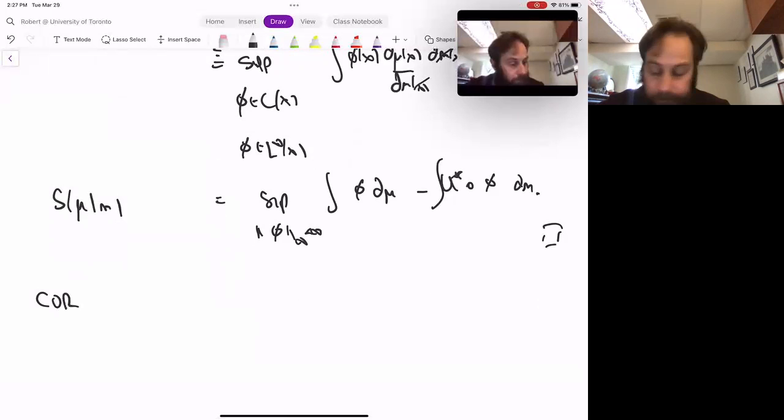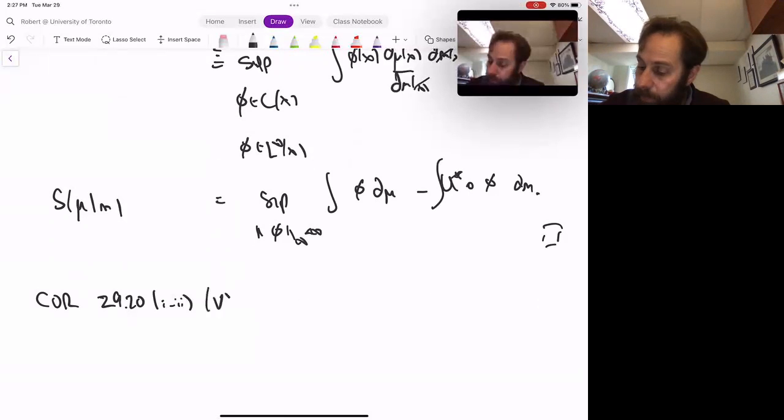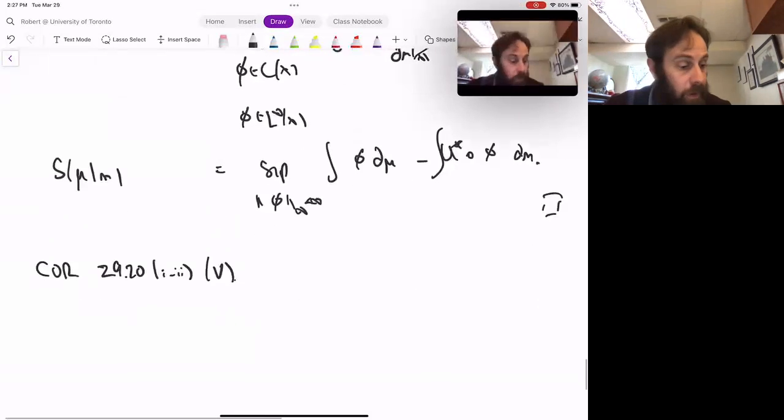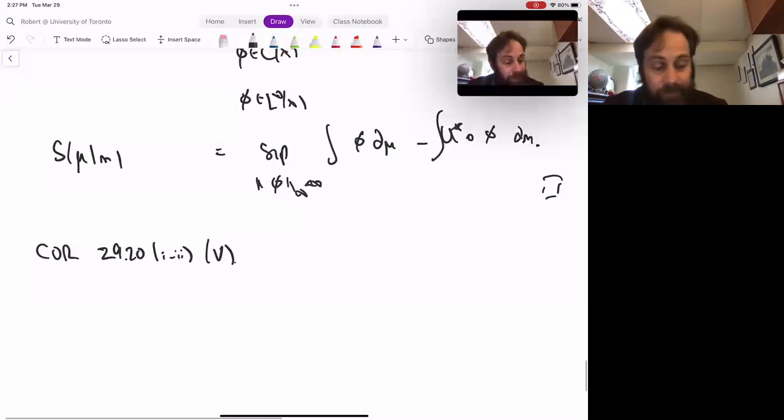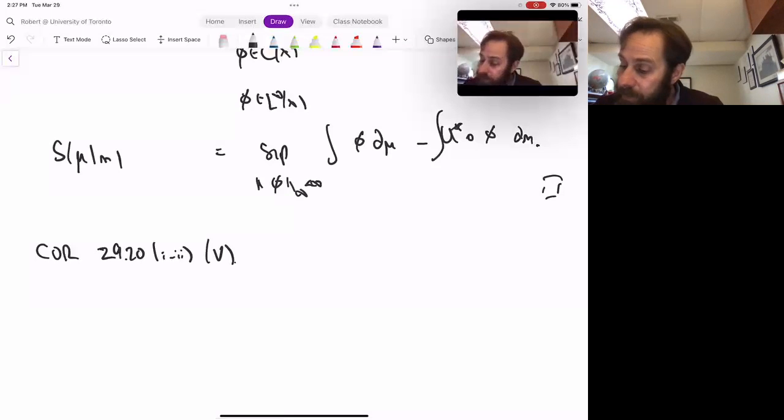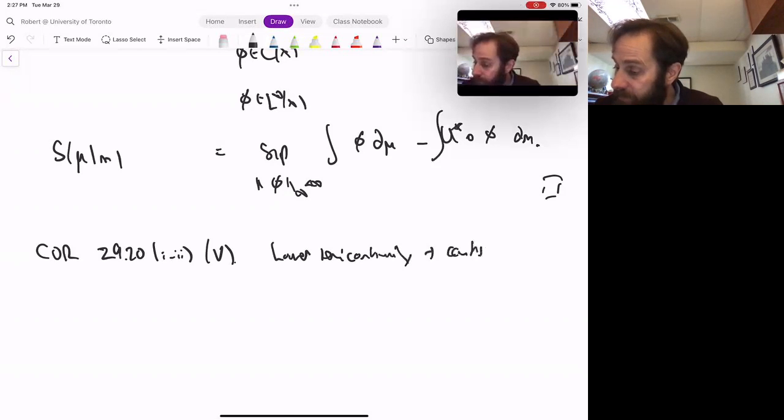And again, coming back to the numbering of Villani's book, this is parts 1 and 2 of theorem 29.20. So it's lower semi-continuity and contractivity of entropy.